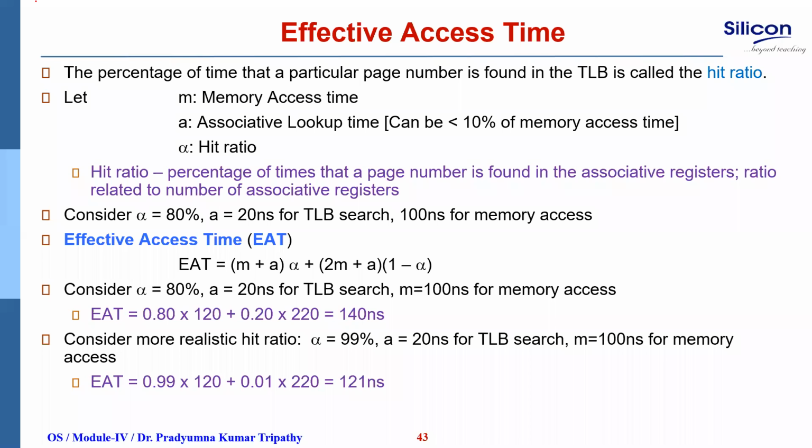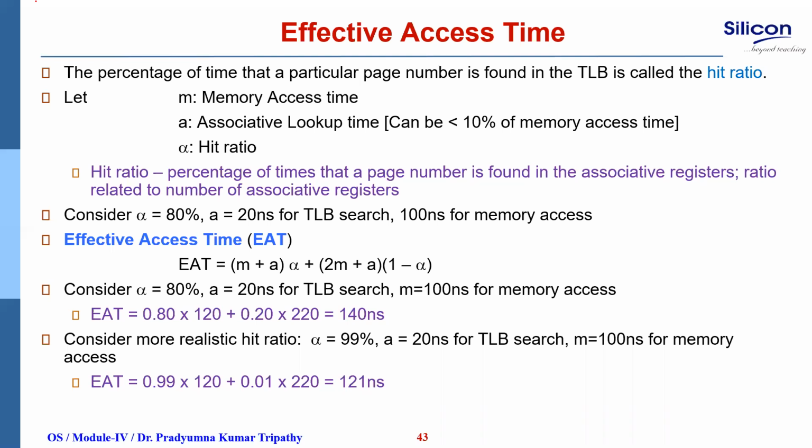What is the hit ratio? Hit ratio is the number of hits divided by the total number of attempts, into 100, that is a percentage. Suppose I am attempting 100 times, out of which 70 times I got a hit.